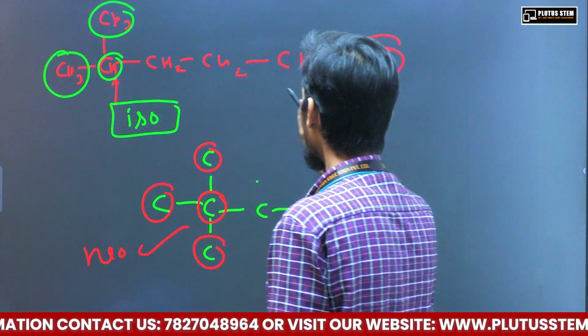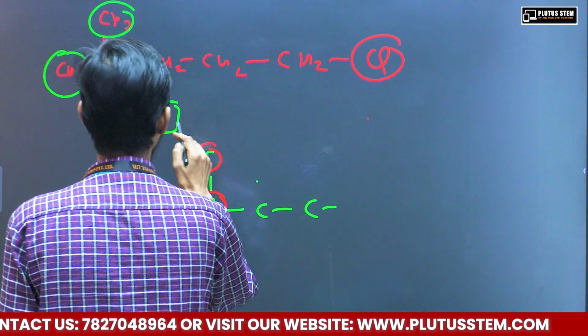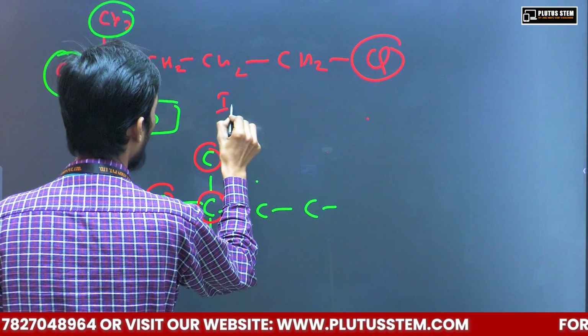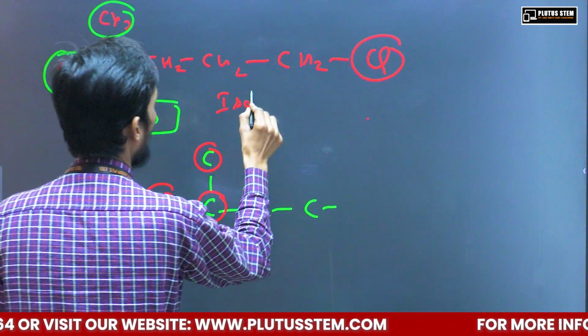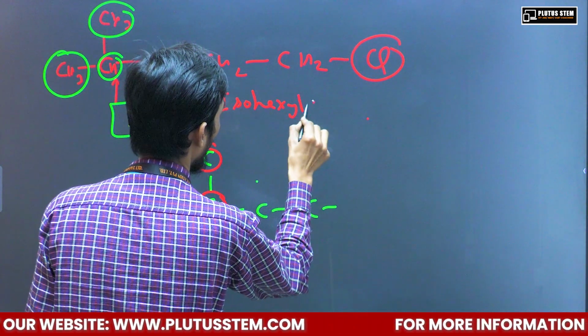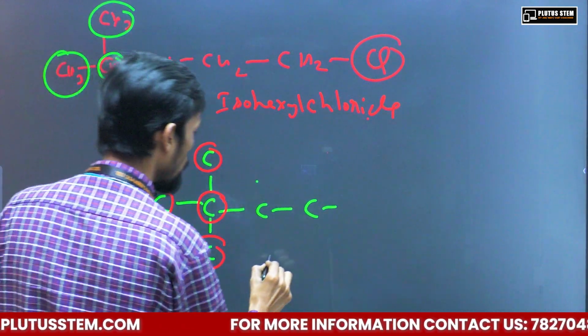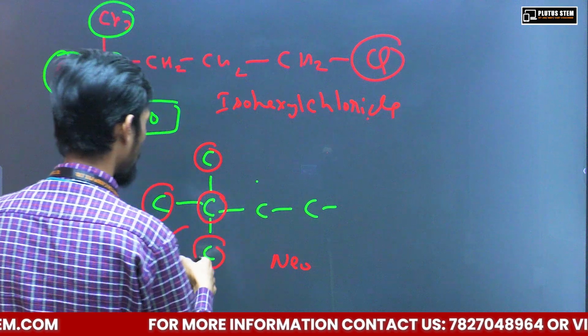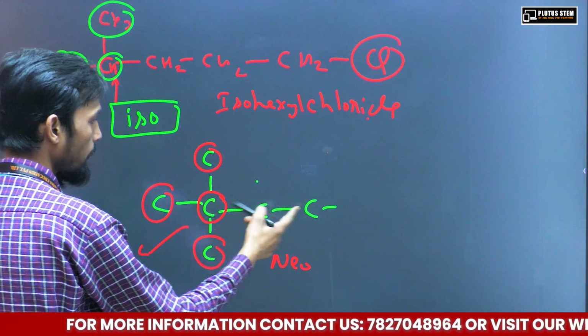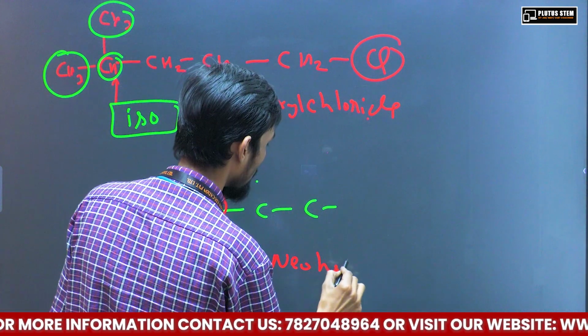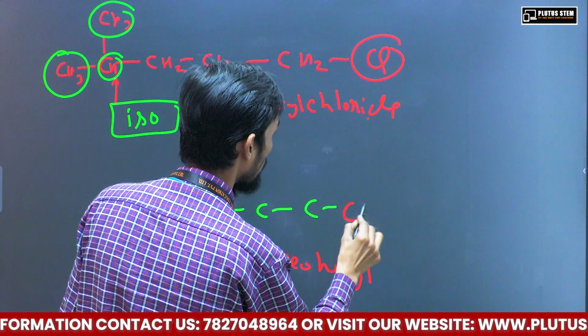Clear? It is iso. How many? 3 to 5 or 1, 6. So the common name will be isohexyl chloride. It will be like neo, 4 or 3 to 4, 5 or 1, 6. Again, neohexyl chloride.